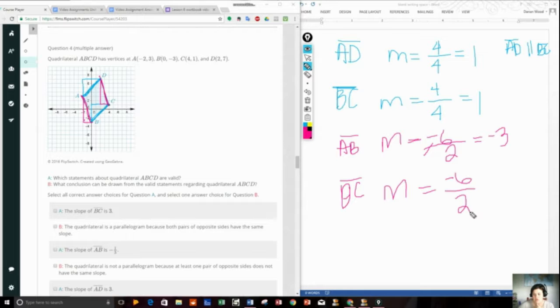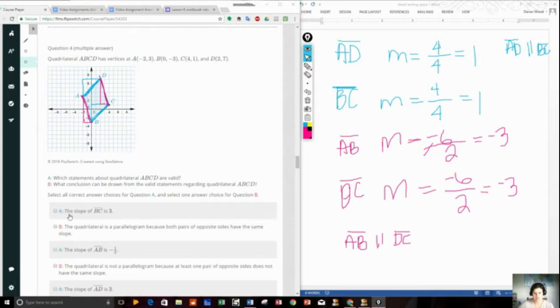So there we go. Negative 6 divided by 2 is negative 3. So right now I can tell that AB is parallel to DC because they have the same slopes. So that means that this quadrilateral is a parallelogram.